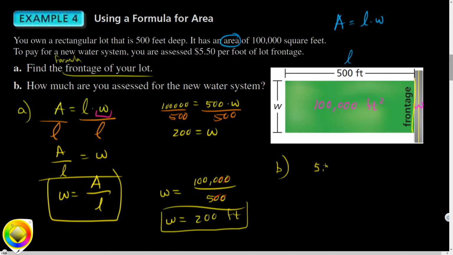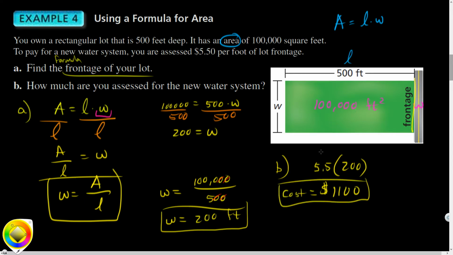So I'm going to take 5.5 multiplied by 200, and I get $1,100. So there's the cost.